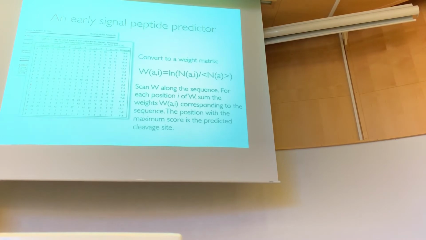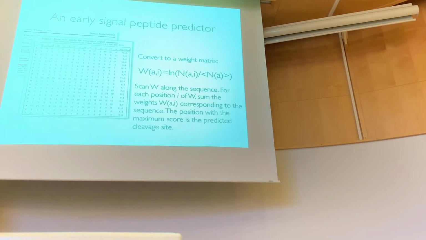You convert this into a weight matrix. And then you can make a very simple prediction method by just scanning along the sequence with this weight matrix, and for each position of the weight matrix in the sequence, you sum up all these weight values. That will give you a score for that particular segment of your sequence, how much it looks like a signal peptide.